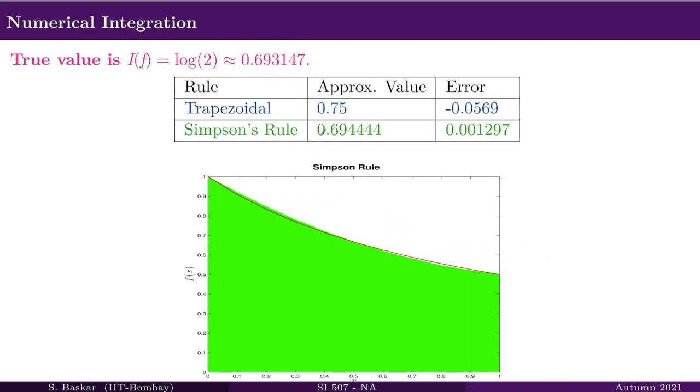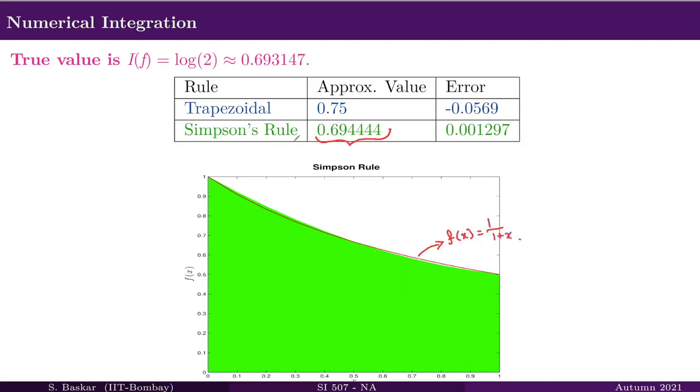Let us pass on to Simpson's rule and see what we got. The value out of Simpson's rule obtained as an approximation to the integral is 0.694444 in this example. Again, the red solid line is the graph of the function f of x equal to 1 by 1 plus x.